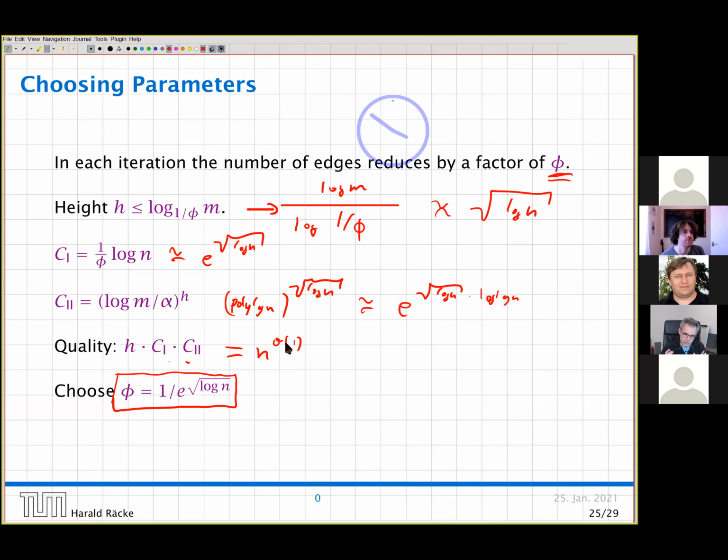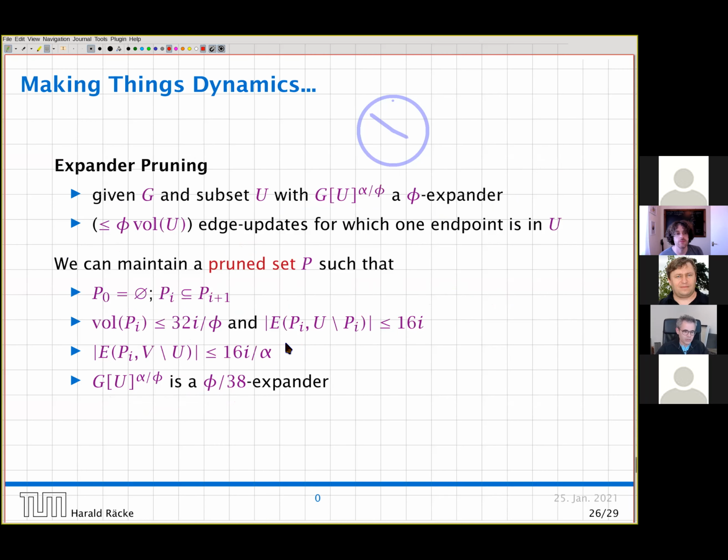And now I just want to very briefly sketch how we dynamize this. In the dynamization, we lose a lot of other parameters, but the idea is actually pretty easy. This concept of expander pruning was already contained in the previous paper by Saranurak and Wang.